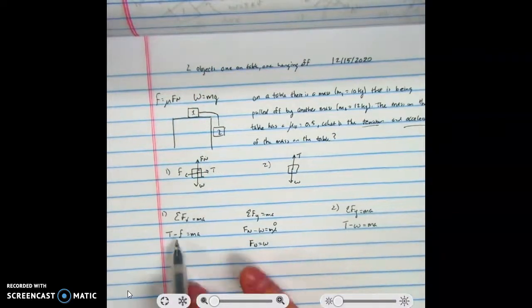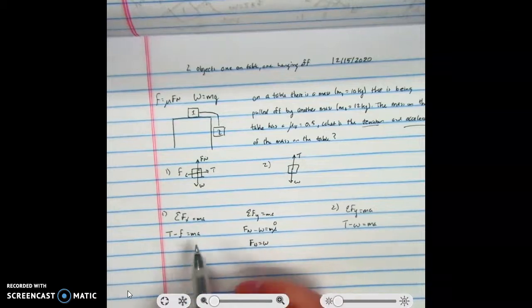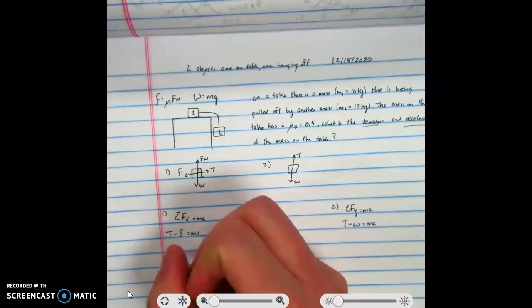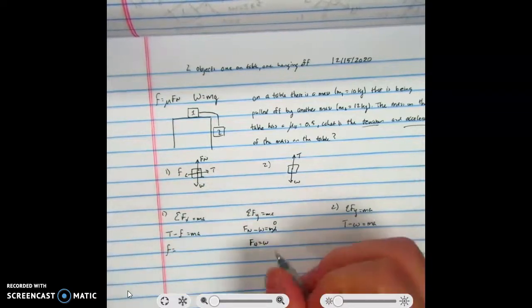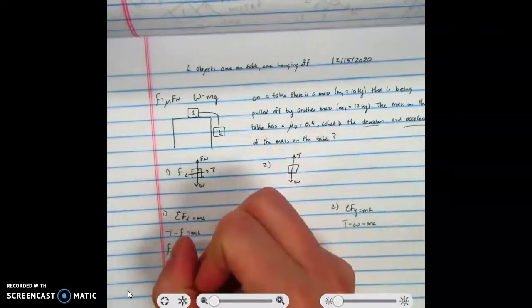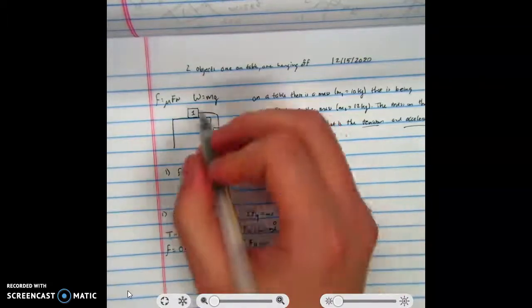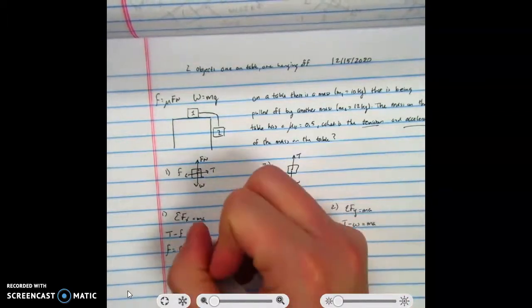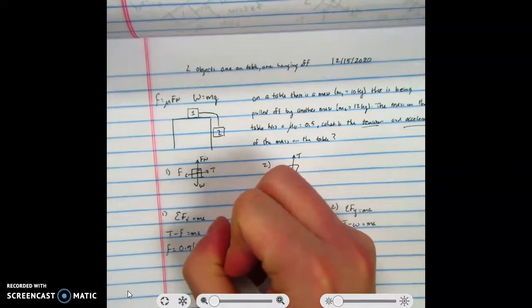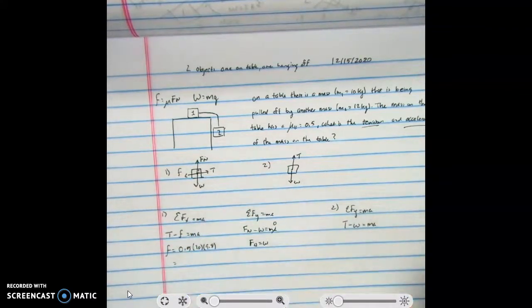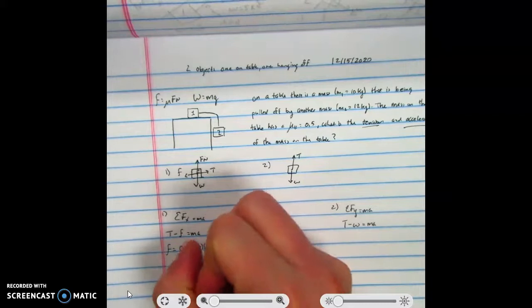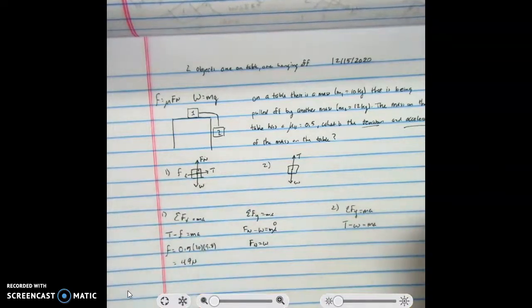For the friction here, I have 0.5 times, well, the normal force is equal to weight, so I'll just do mass times gravity, 10 times 9.8. That gives me 49 newtons.